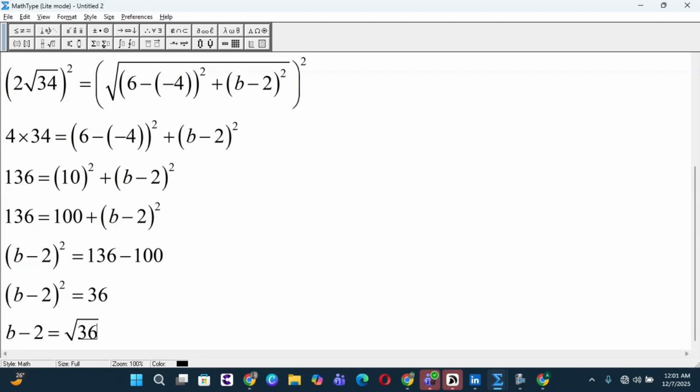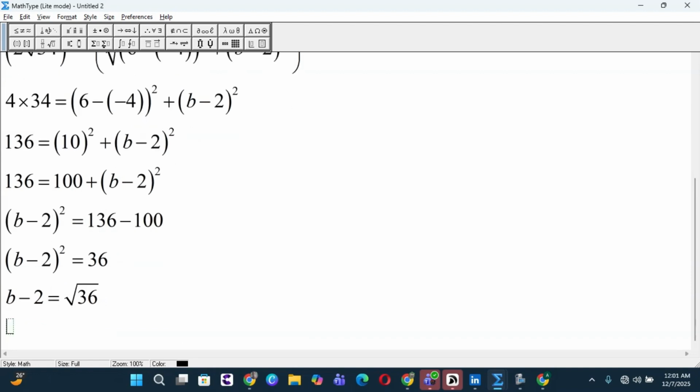Since this is a perfect square, don't forget that the square root of a number is plus or minus. Let us take that into consideration. That means we're going to get two possible values for b. So b minus 2 is going to be plus or minus 6.